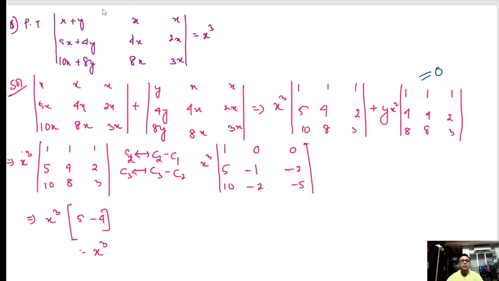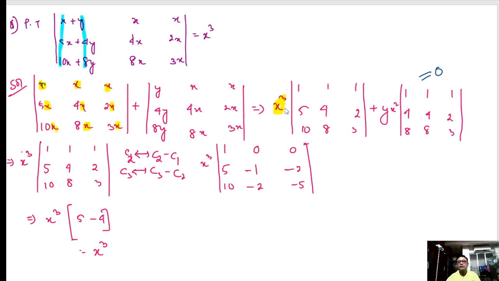It is this. So what we are doing is we are breaking the determinant, this and this. So see how we broke this determinant. Okay, so now taking x common from the first column, x common from the second column, x common from the third column, so we are getting x cube.